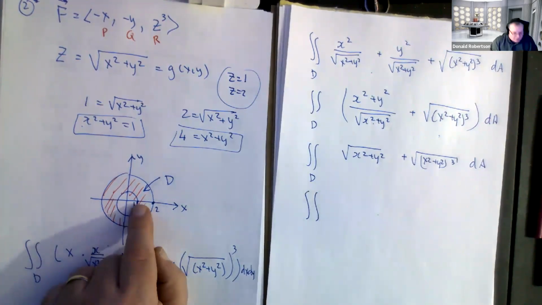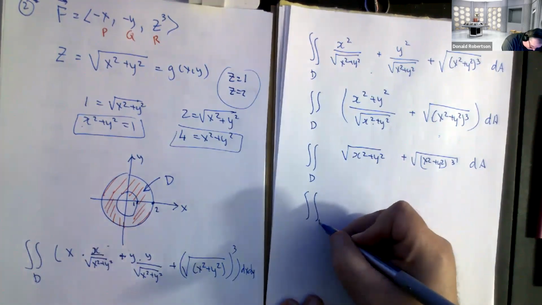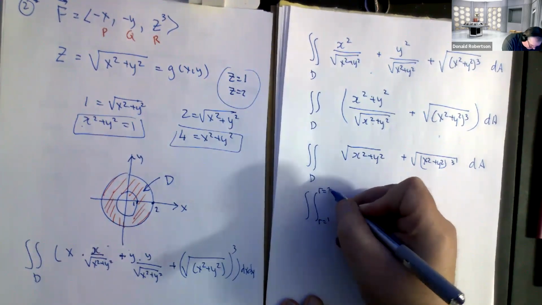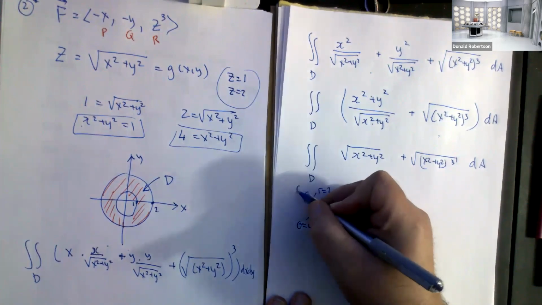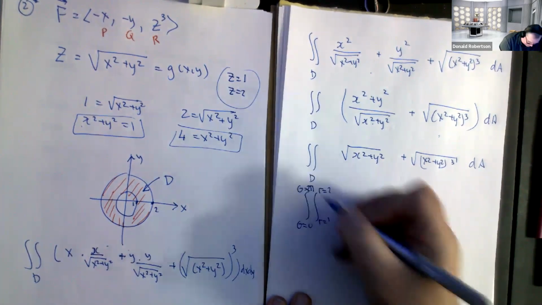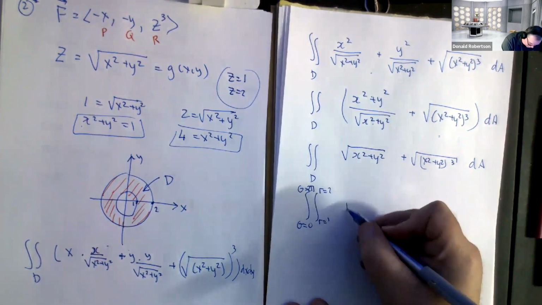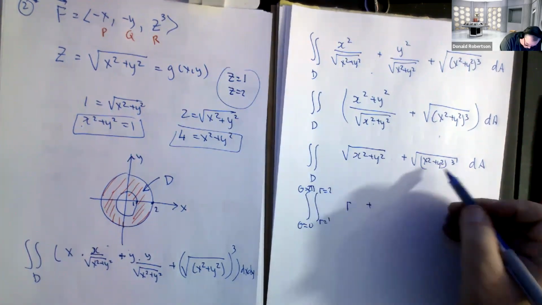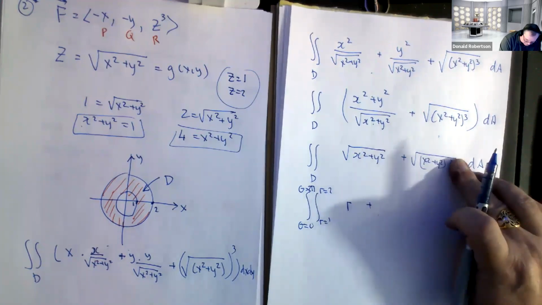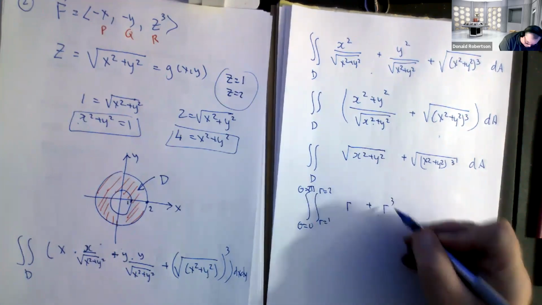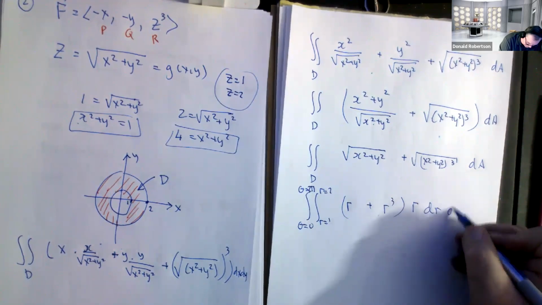To generate this fella, the radius will have to go from 1 to 2. But since it's an entire revolution, theta can go from 0 to 2 pi. That guy is basically the square root of r squared, so he's r. This guy is the square root of r squared, cubed, so you're going to get r cubed. Then you're going to have an r dr d theta.